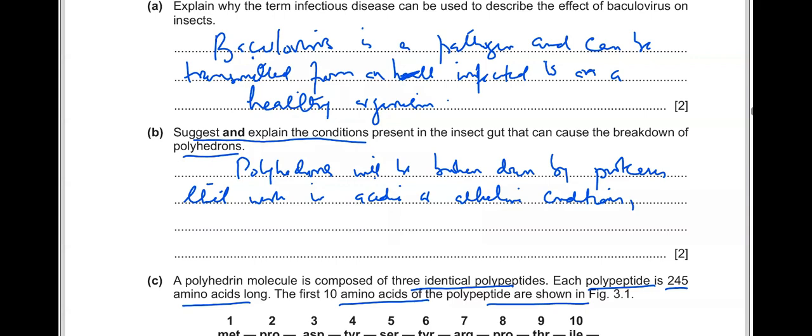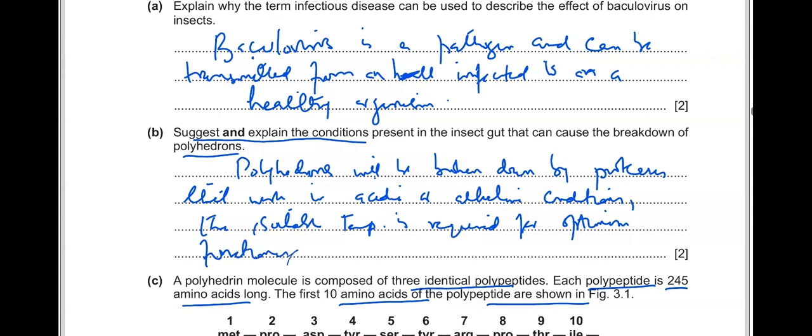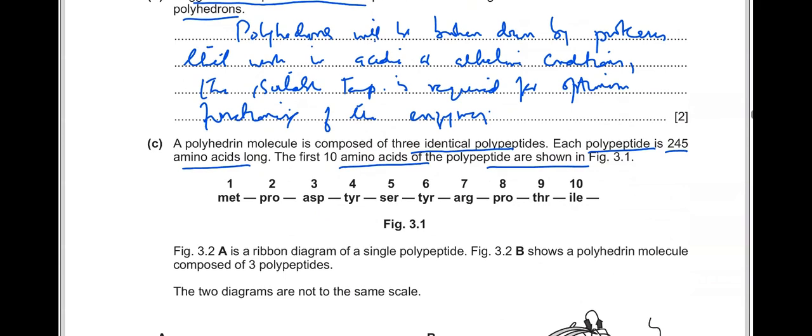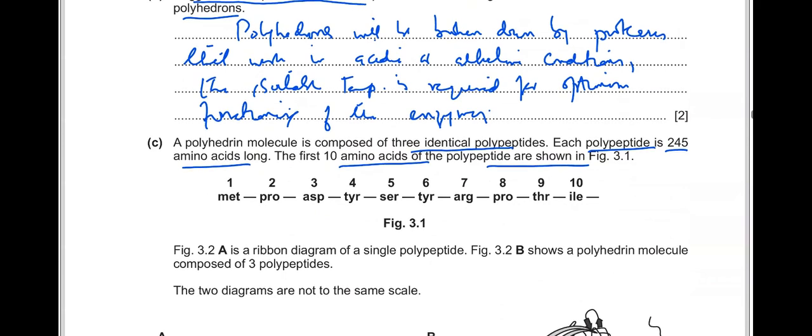Secondly, a suitable temperature is required for optimum functioning of the enzymes. So these protease enzymes will work at a temperature which is usually, for most enzymes, an optimum between 35 to 40 degrees Celsius.